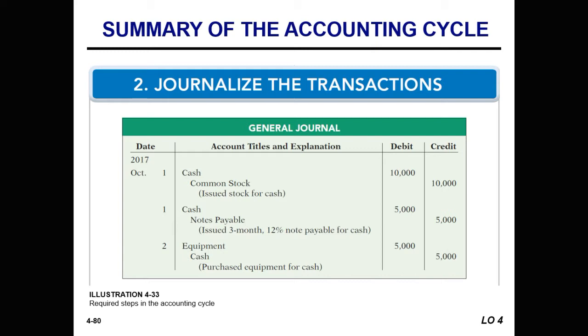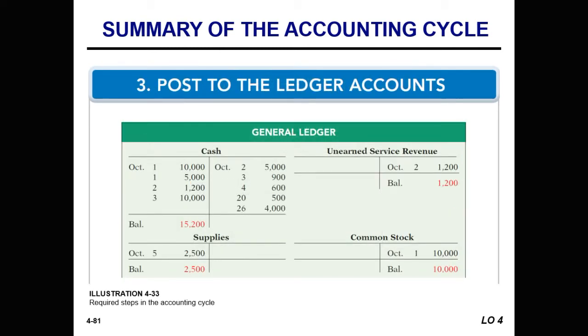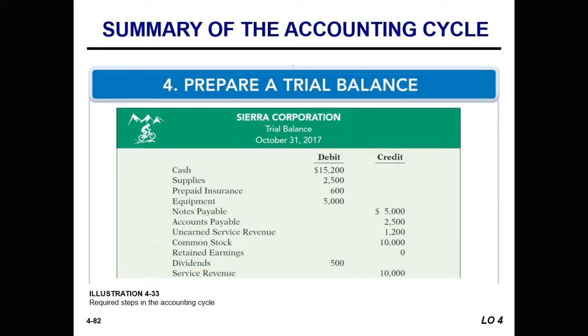And then the credit lines are indented, and there is a notation of what the journal entry is representing. We transfer each of those amounts to the appropriate ledger accounts, and we prepare a trial balance from those ledger accounts. The trial balance confirms the equality of debits and credits and provides you with an opportunity to review everything in one location.